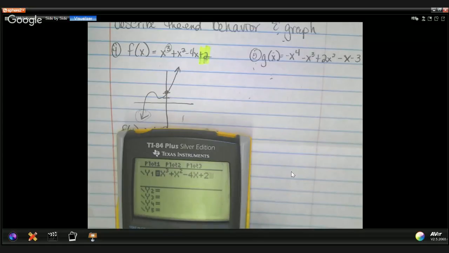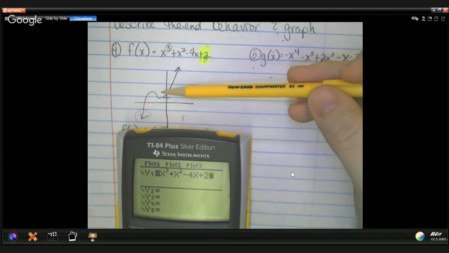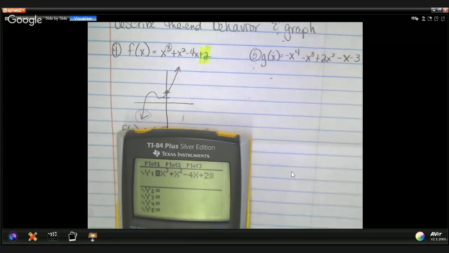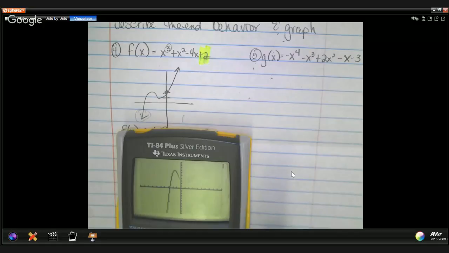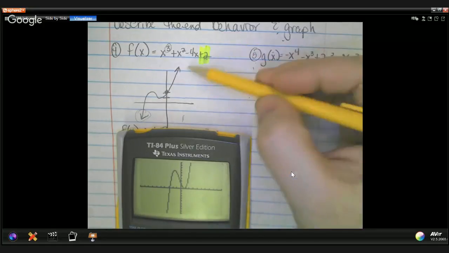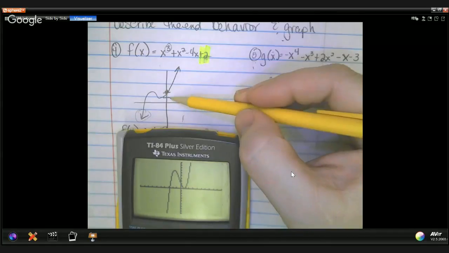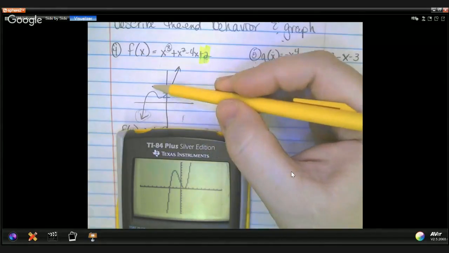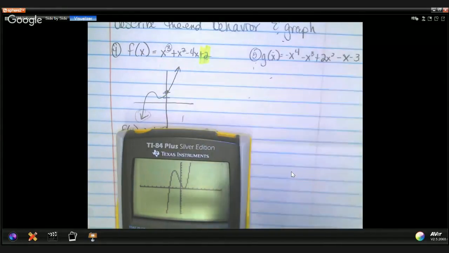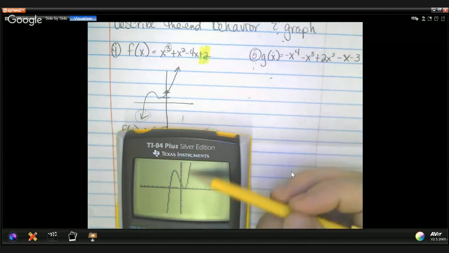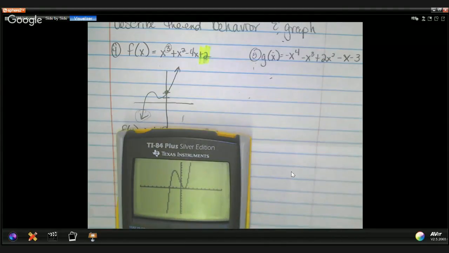And again, for our rough sketches, I'm going to be looking for your humps, your direction, and where it crosses the y-axis. And there it is. And so our hump had touched over here on the right, but that's okay. Do we have 1, 2, 3? That's what matters to me.